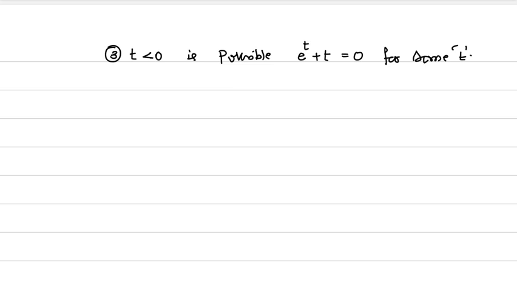Now we got the behavior of t. Then we have to find out the value of t. The equation is e to the power of t plus t is equal to 0. That implies e to the power of t is equal to minus t.